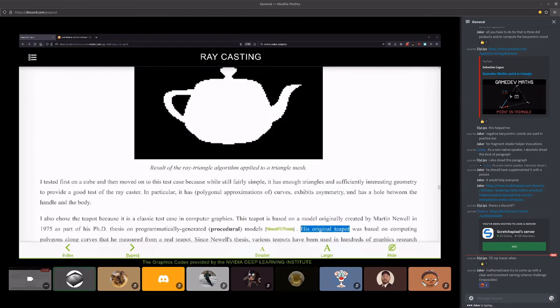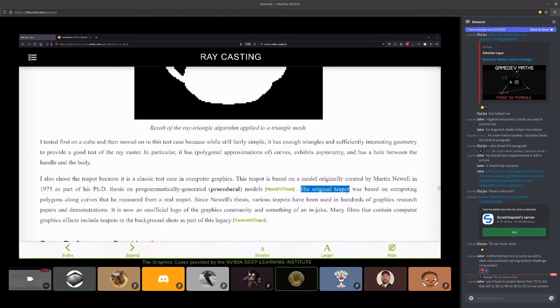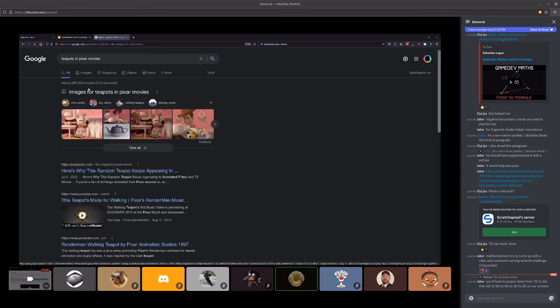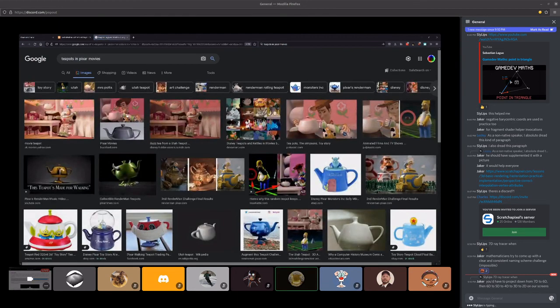We got the teapot. Hopefully it's the Utah teapot, the unofficial logo of the graphics community. Yes, it kind of is. Speaking of teapots in Pixar movies, there was a Wikipedia article.